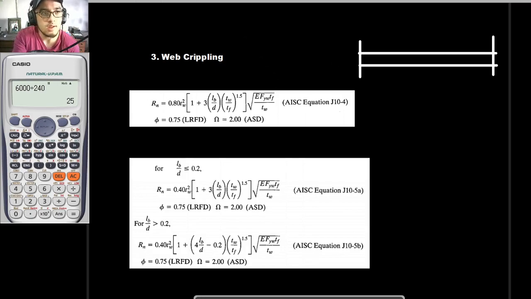And of course, your member would be having a corresponding depth. So, ito yung depth natin ng ating beam. And d divided by 2, if you would be dividing your depth by 2 and projecting it here, ito yung ating d over 2. Then, ito yung ating d over 2.